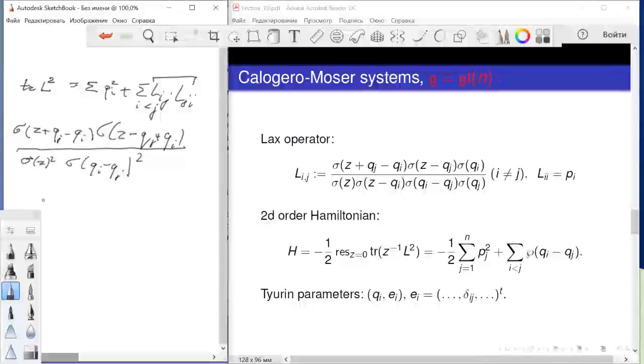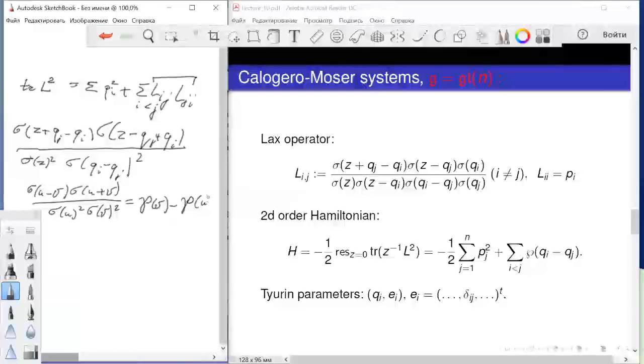Now there is an addition formula for the sigma function, which is as follows: sigma of u minus v, sigma of u plus v, divided by sigma of u squared, sigma of v squared is equal to the Weierstrass P function of v minus the Weierstrass P function of u.